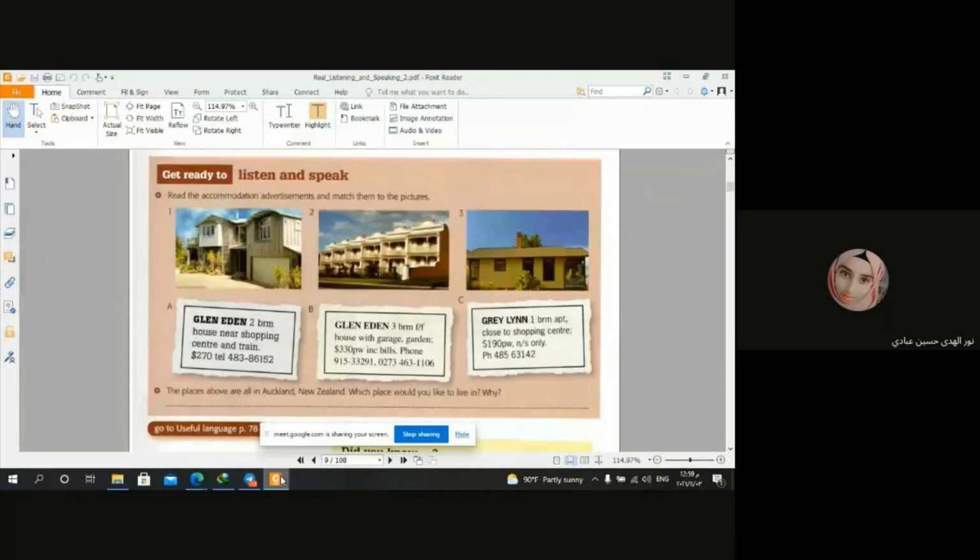Actually, I want to live in Amsterdam, in Holland, the Netherlands, because it's one of the most beautiful tourist destinations in the world. It contains amazing tourist attractions.